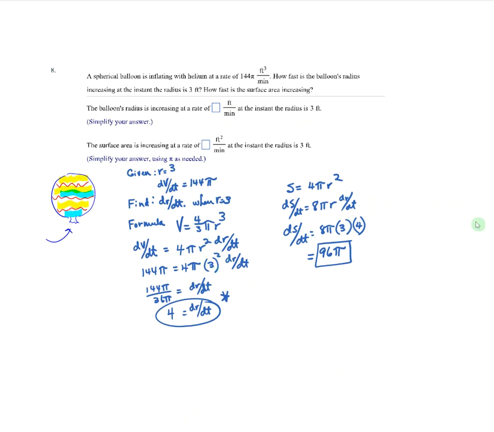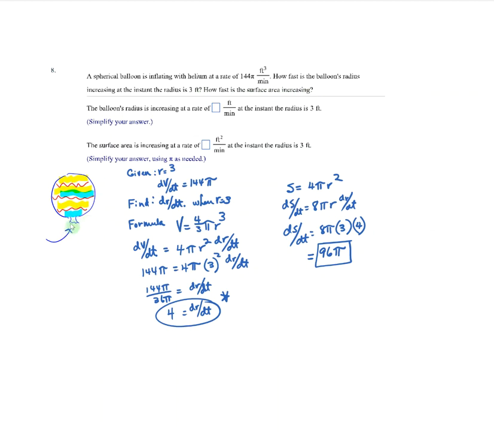A spherical balloon is inflating with helium at a rate of 144 pi feet cubed per minute. How fast is the balloon's radius increasing at the instant that the radius is 3 feet? And how fast is the surface area increasing? So I took the opportunity to be really creative and draw this cute balloon.